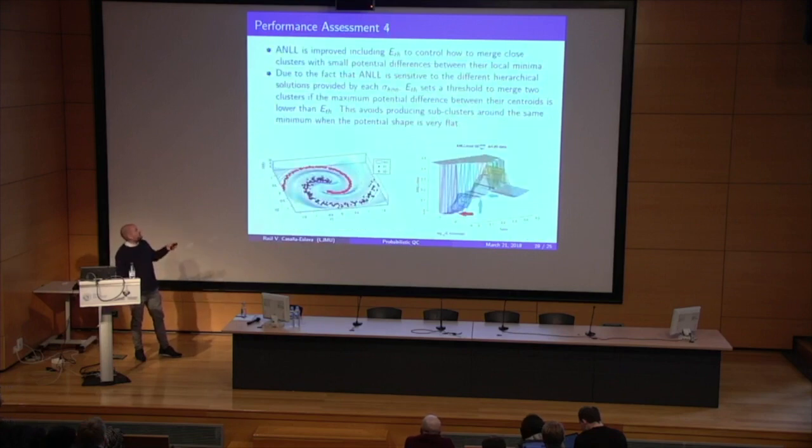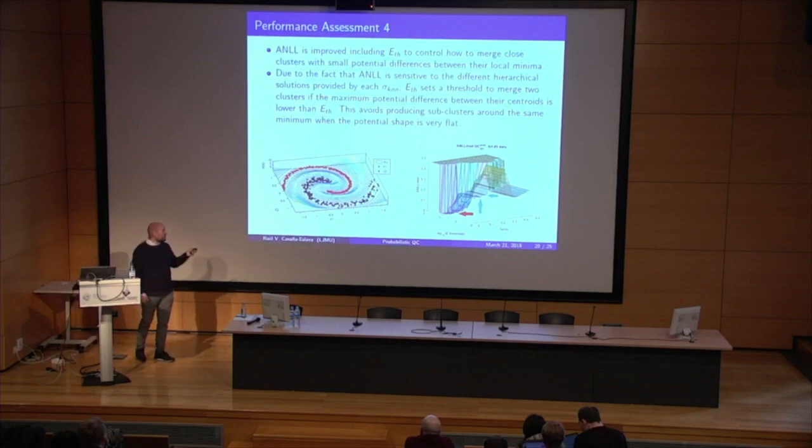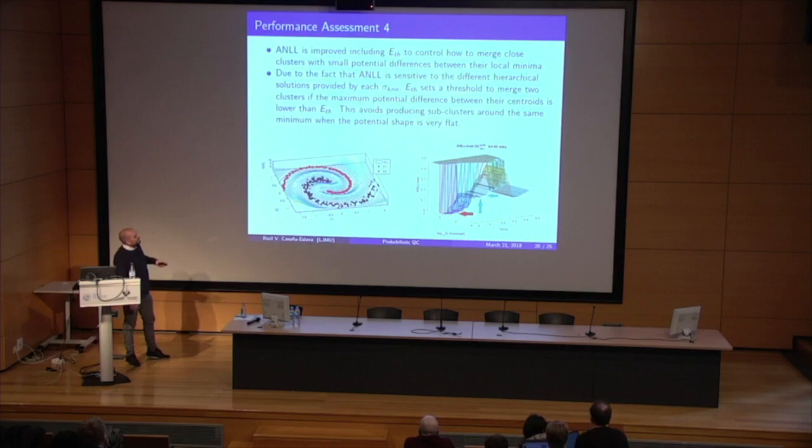If we introduce that energy threshold into the average negative log likelihood, we can see that in one direction we have the length scales and in the other the energy threshold, and in some data a stability region exists here. That means that if we increase the energy threshold a bit, we can merge some potential wells whose difference in energy is very low compared with the other potential wells.